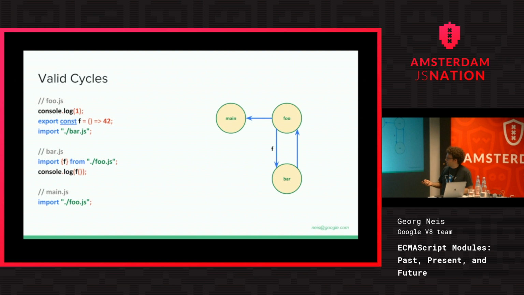Yeah, I got it wrong. This should be first 42, then 1. And the reason is that functions are hoisted to the top, as you know as well from classic JavaScript. Here you can think of them as being hoisted out of the whole module graph. So before any module code runs, all function declarations are already available.